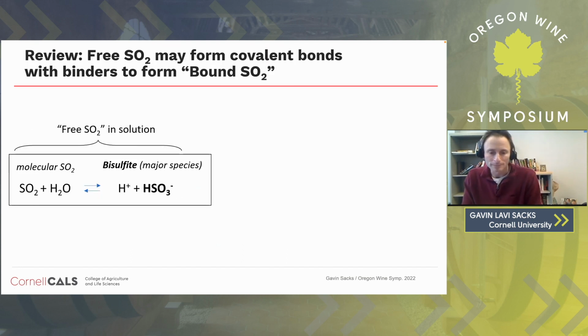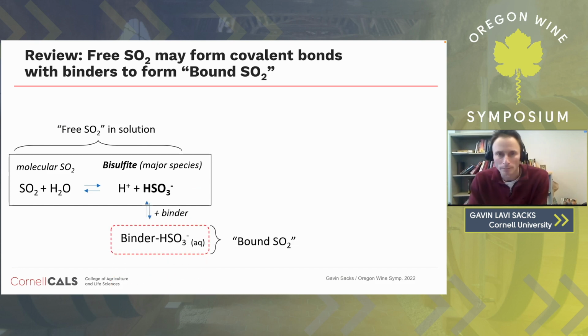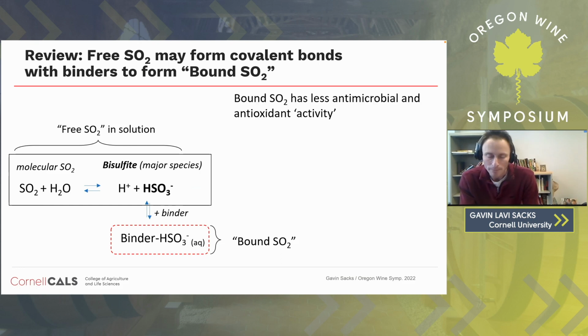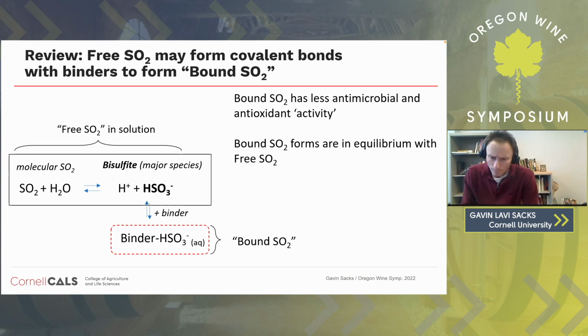Okay, finally, bound forms. If you have SO2 added to a wine, a portion will stay free, but a portion will also form covalent bonds, strong chemical bonds, with what are referred to as binders, other components in wine that will make these forms called bound SO2. And bound SO2 has less, sometimes even negligible, antimicrobial activity and antioxidant activity.